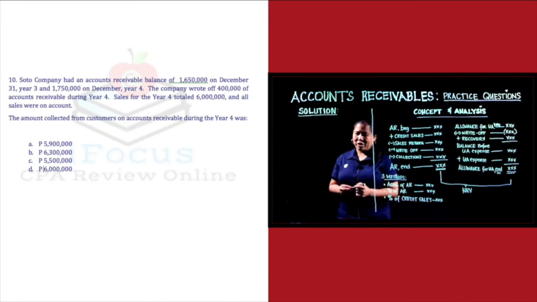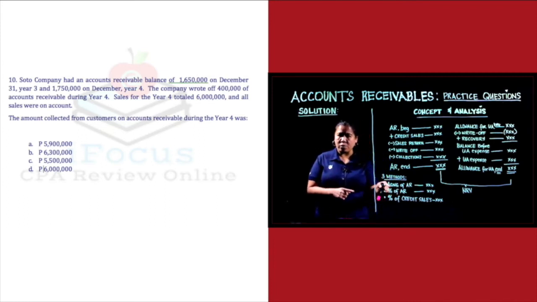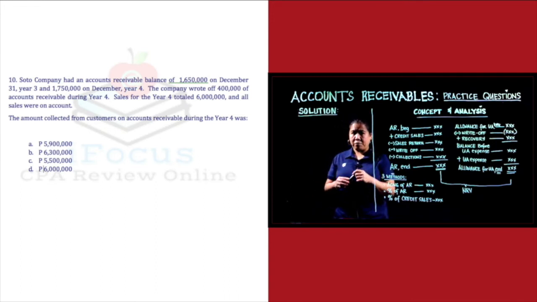Alright, let's start. So, the company had an accounts receivable of 1,650,000 on December 31st, year 3. So, ang tinatanong ng problem natin, year 4. Okay? Yung collections ng year 4. Itong 1,650,000 ay ending balance last year ng December 31st, year 3. Alright?